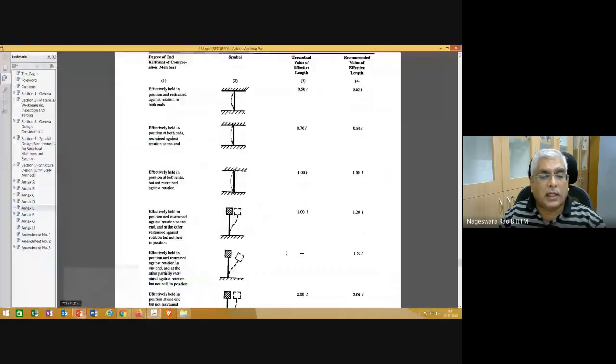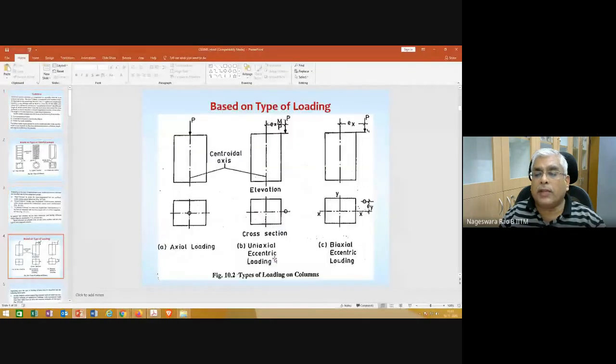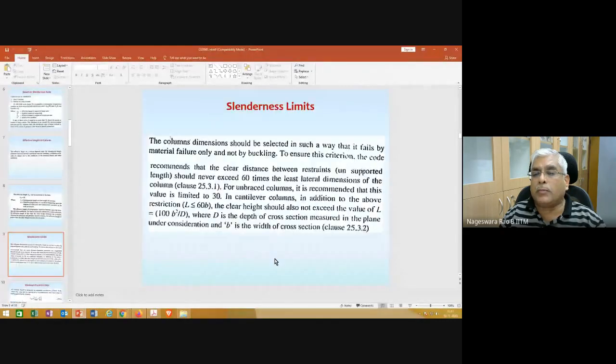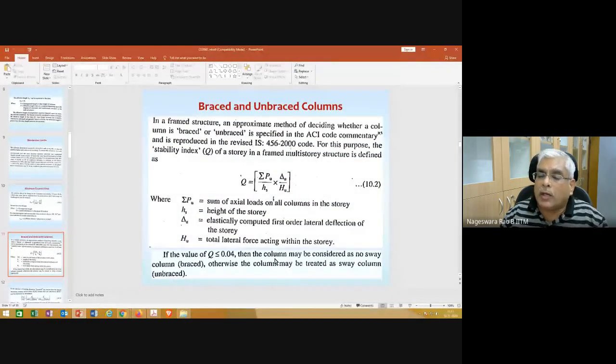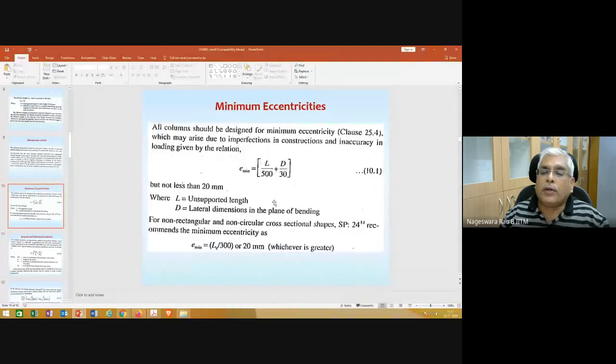So with that, let me go further. In today's class, we will take a few problems, go through them, and at the same time note various clauses from the code. Before that, let me revise minimum eccentricities.